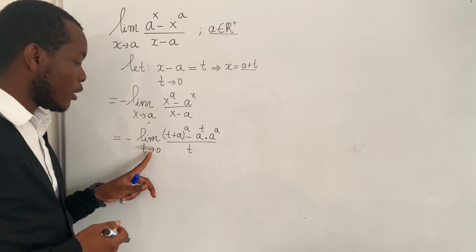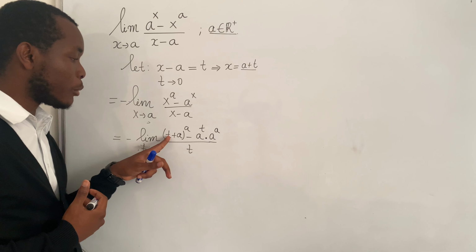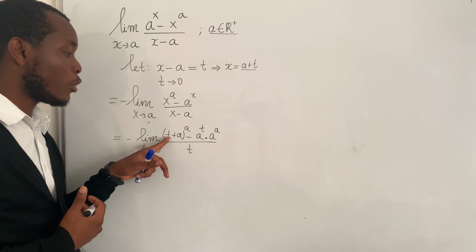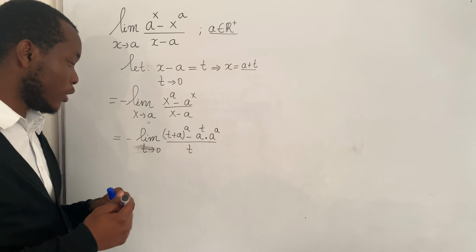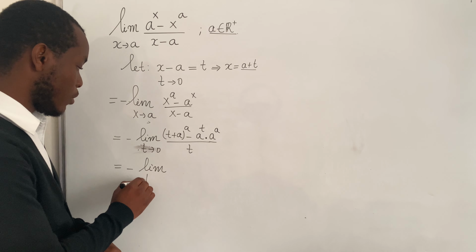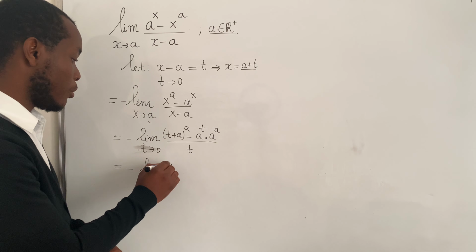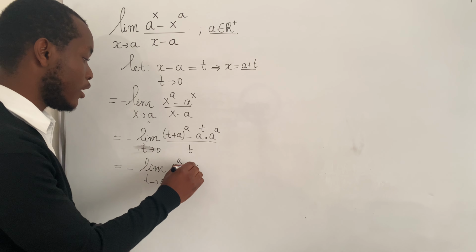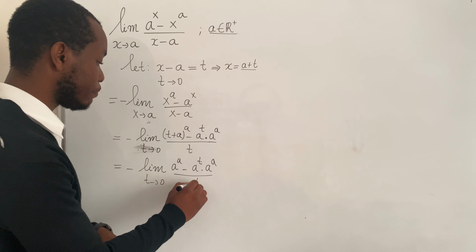If we replace the value of t, we have 0 plus a, which is only a. So we're going to have minus the limit when t approaches 0 of a^a minus a^t times a^a over t.